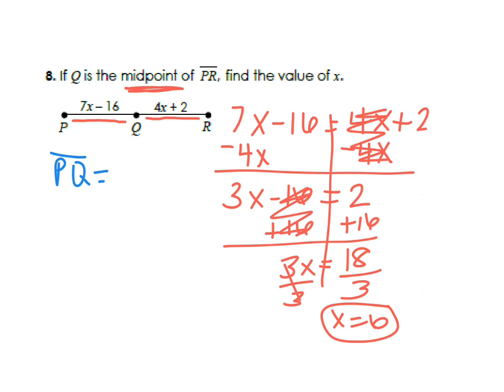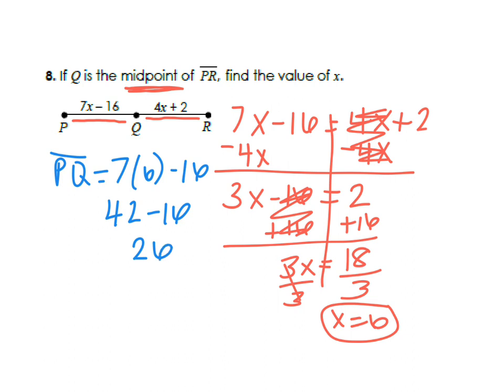Okay, if it asked you to find what PQ is or QR, either way, you can plug it in. 7 times 6 minus 16. 7 times 6 is 42. 42 minus 16, which would be 26.